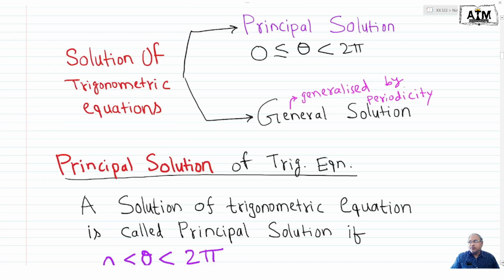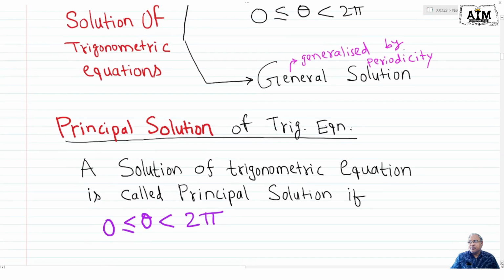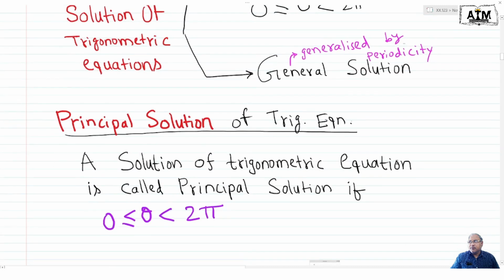Now what is a principal solution? A solution of a trigonometric equation is called a principal solution if theta is greater than or equal to 0 and less than 2 pi.